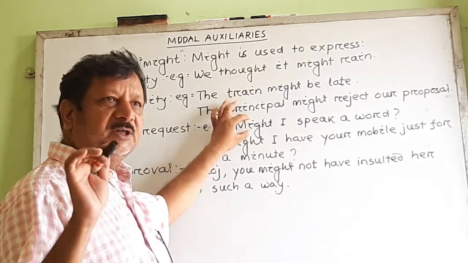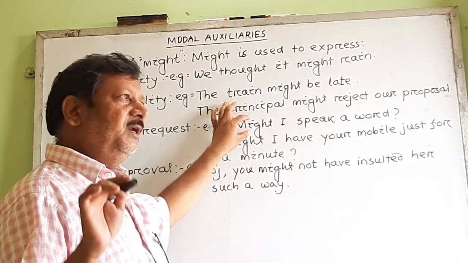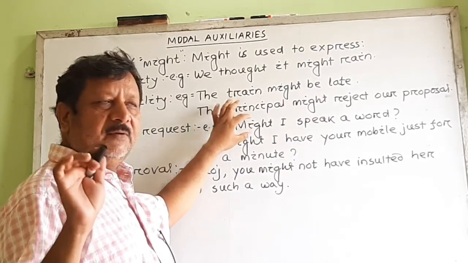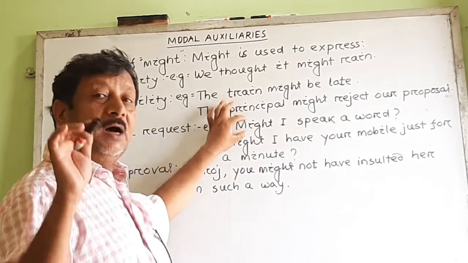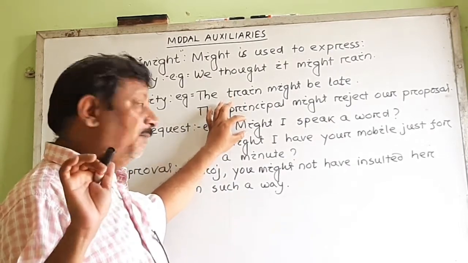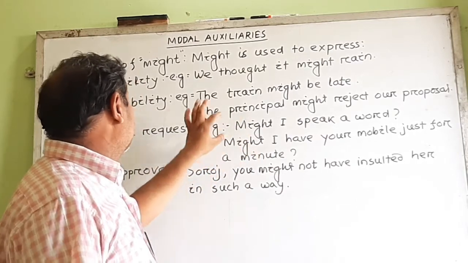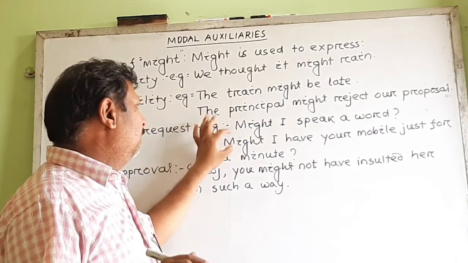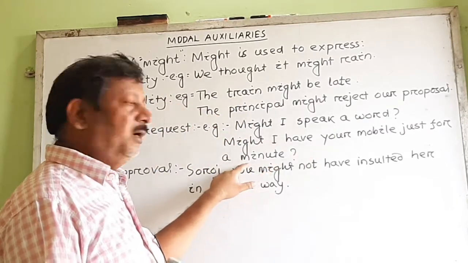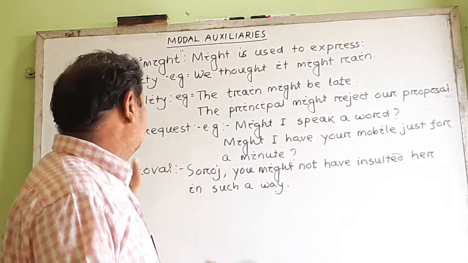Even if someone speaks in that way, we should not find fault with them, rather we should consider it right, if we have learned that it is the use of the correct modal in the correct context. In the second example, might I have your mobile just for a minute? That means someone requests another to have his mobile just for a minute.